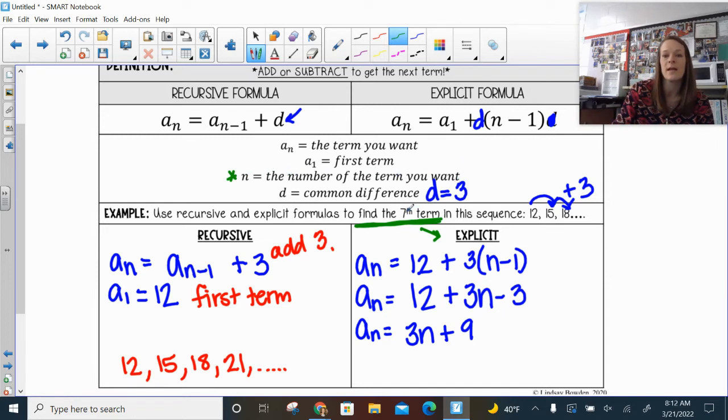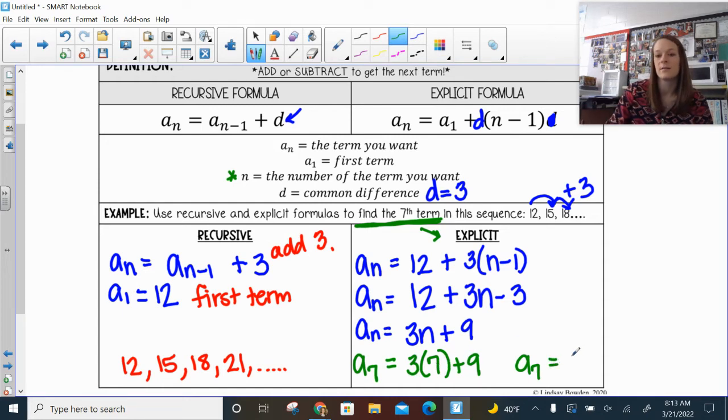So if I want the seventh term, I'm going to denote that a7 and then plug in 7 for n. And when I simplify that, 3 times 7 is 21, plus 9 will give me 30. So my seventh term of that sequence would be 30.